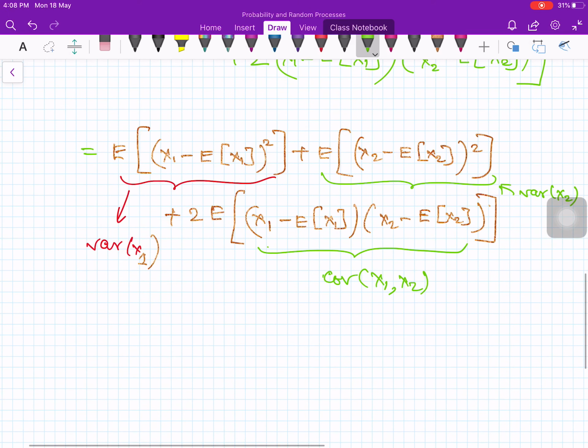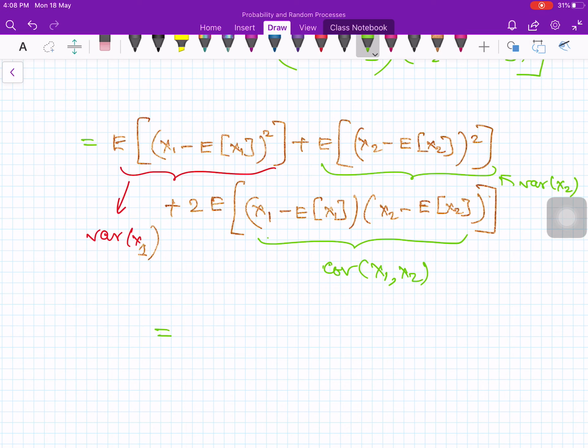So this is going to be variance of x1 plus variance of x2 plus 2 times, sorry, this is not variance, it's a covariance, 2 times covariance of x1 comma x2.